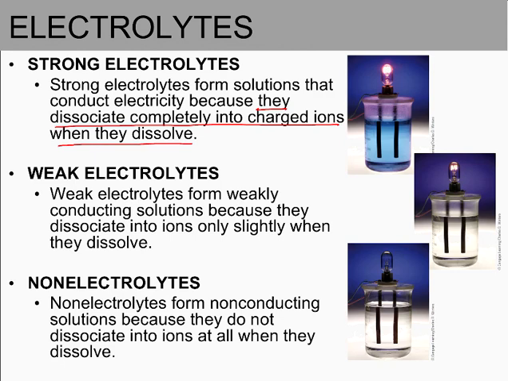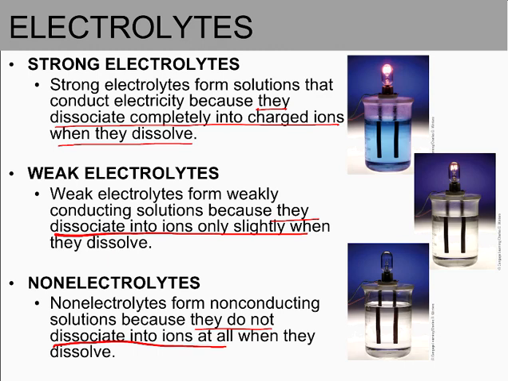And then weak electrolytes form weakly conducting solutions because they dissociate into ions only slightly when they dissolve. And then non-electrolytes form non-conducting solutions because they do not dissociate into ions at all when they dissolve.